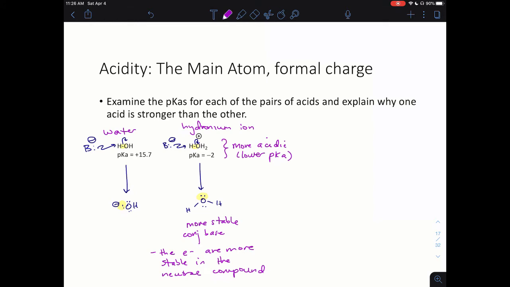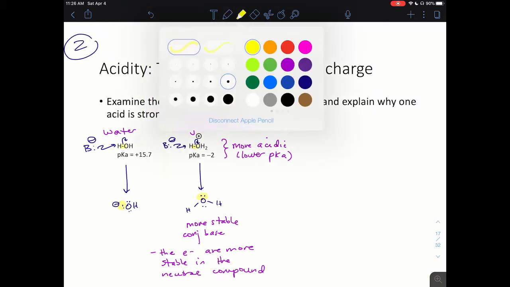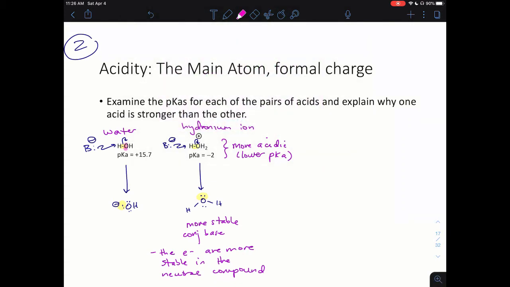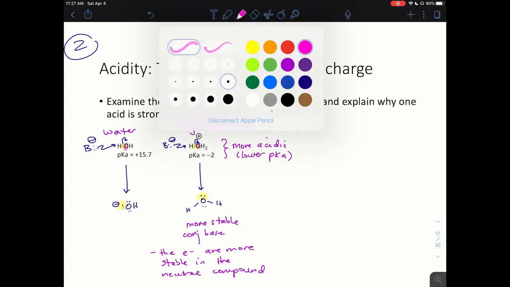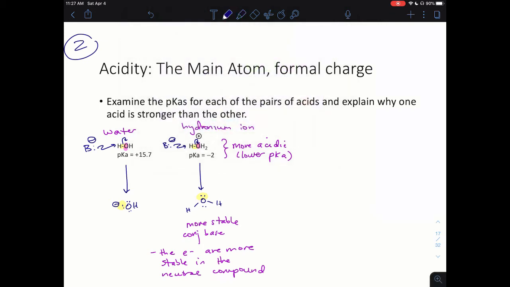So this is our second factor. What we can see now is that the main atom, the oxygen, is actually the same, but there's formal charge involved.